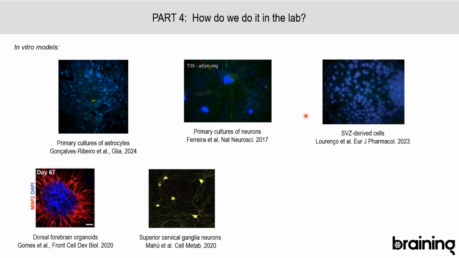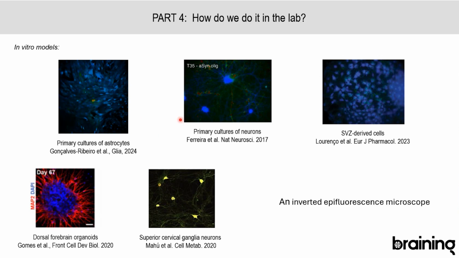We already did experiments in primary cultures of astrocytes, primary cultures of neurons, the SVZ-derived cells, dorsal forebrain organoids, superior cervical ganglion neurons. And what is the problem of our system?